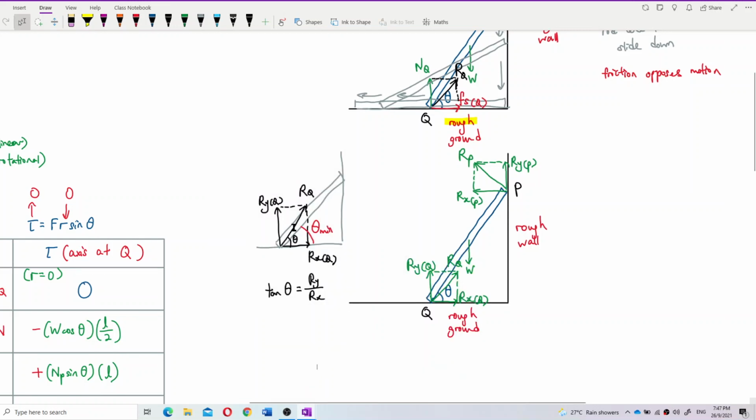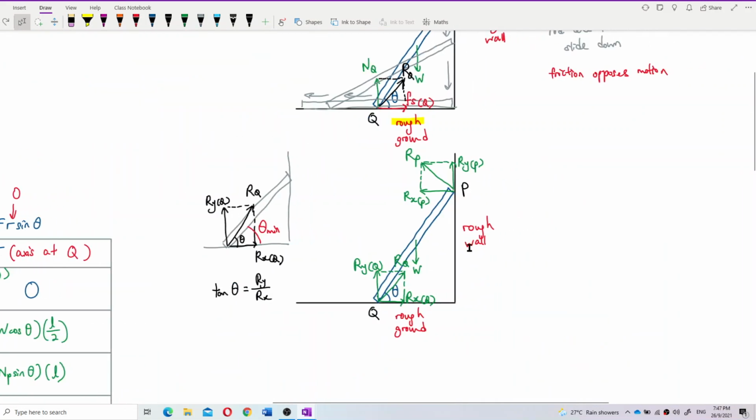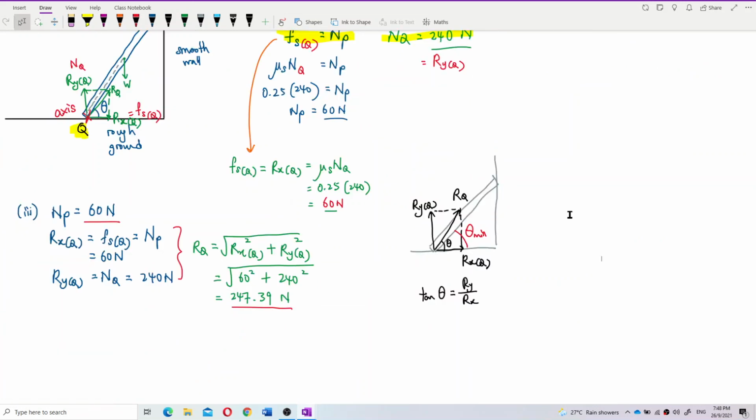What I mean is this one. Because this is a vector. Reaction force is a vector. You cannot just give magnitude. You need to give direction also. So find the theta here, not the theta for the beam. It's the theta for the reaction force.